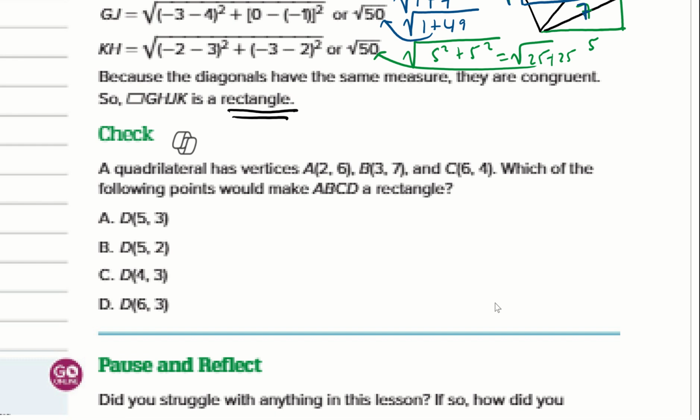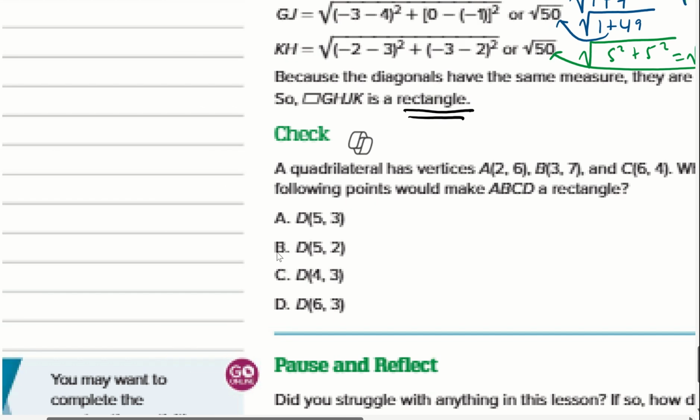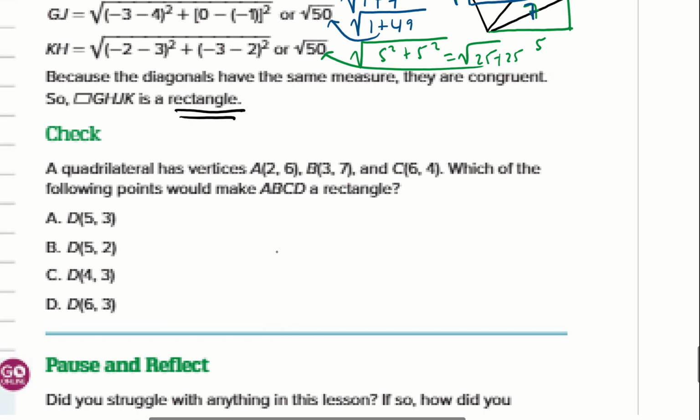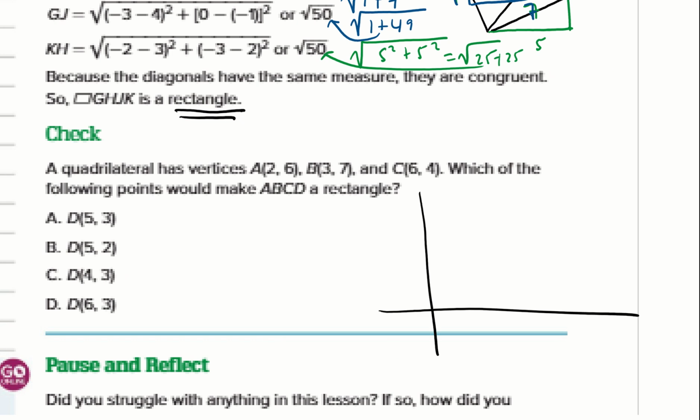All right, so let's look at the check. It's a lot easier if you draw the picture. So let's draw a picture of the situation, just like we had a picture in the other problem. We have 1, 2, 3, 4, 5, 6, and 1, 2, 3, 4, 5, 6, 7.